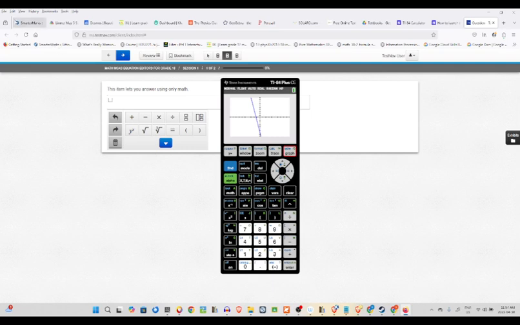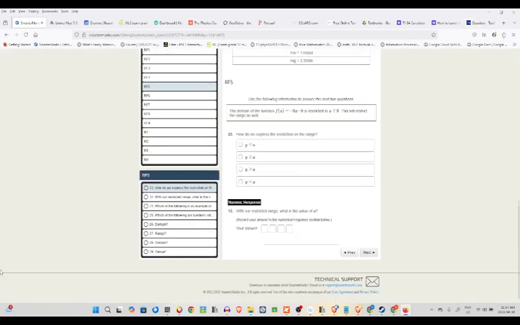It has an upper limit. So y is going to be less than or equal to, because this restriction allows equal to, so does this one. And specifically, if x equals 0, y is negative 8. So in this case, the range is y less than or equal to negative 8.